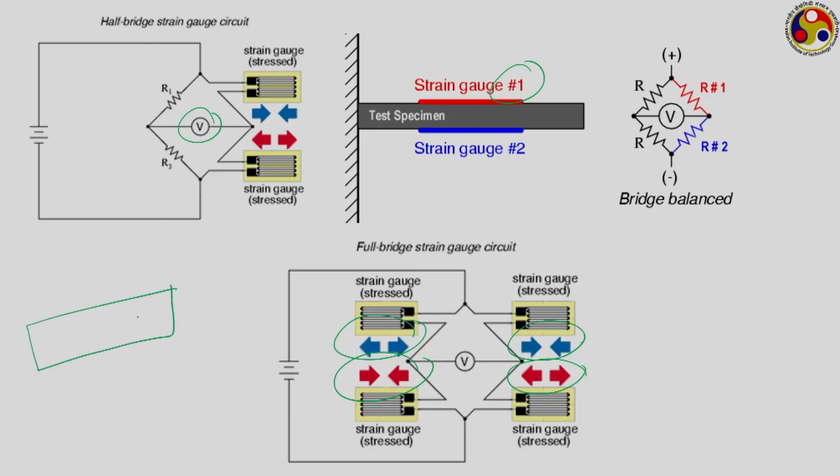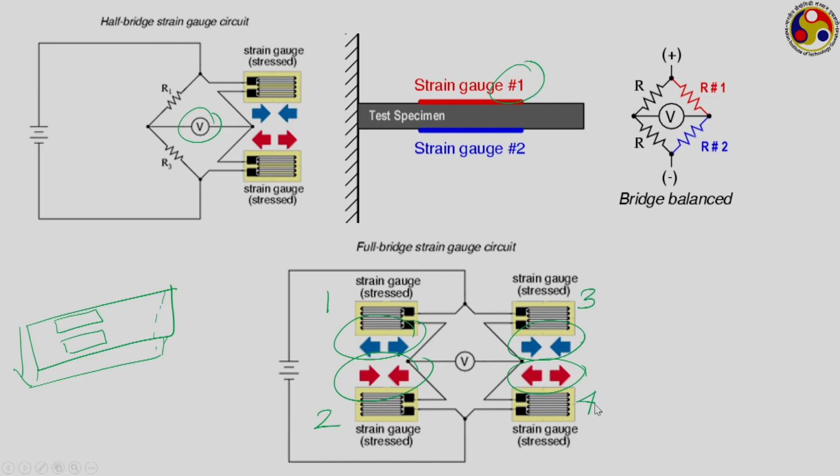You have this specimen, this is a 3-dimensional drawing the way I am trying to draw it. Two of the gauges are loaded here. Let us give some names to these, say 1, 2, 3 and 4.